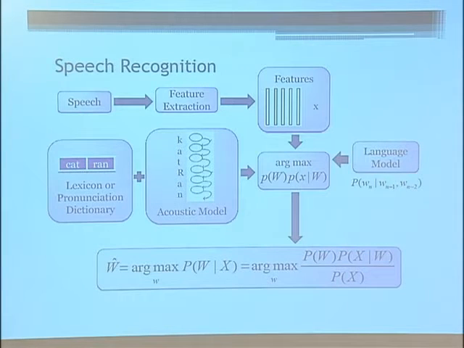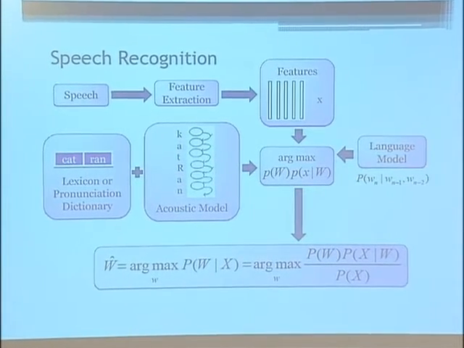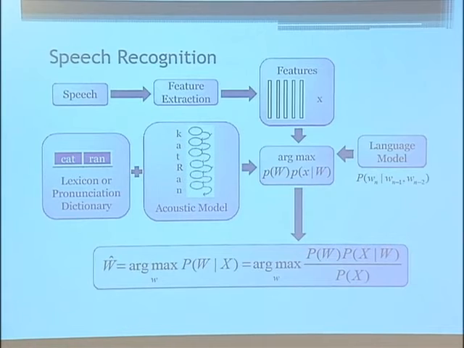And all of these combine to give you the final output. Over here, the lexicon is a representation of the phonetics. It's essentially like a lookup table. So here cat has the phonetics of K AE T, and ran has a different set of phonetic symbols, and that kind of combines to string together your models which are used for recognition.